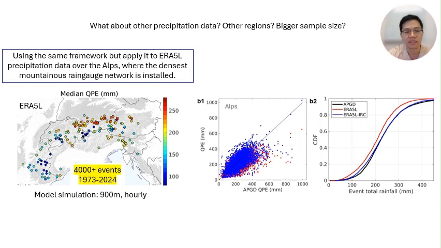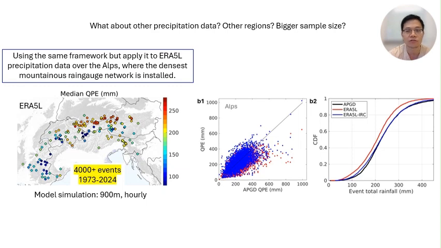The Alps has the densest rain gauge network in the world's mountains, and we chose about 200 mountainous basins in this region, and with over 4,000 events from 1973 to 2024. These are all extreme flood events, and then the model simulation resolution is 900 meter and hourly resolution.